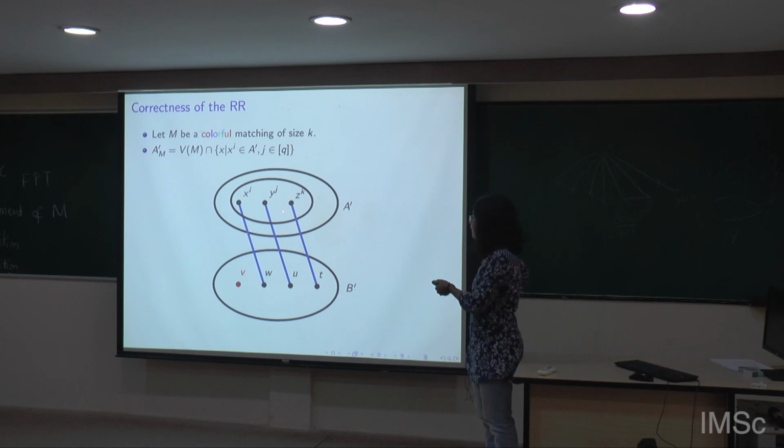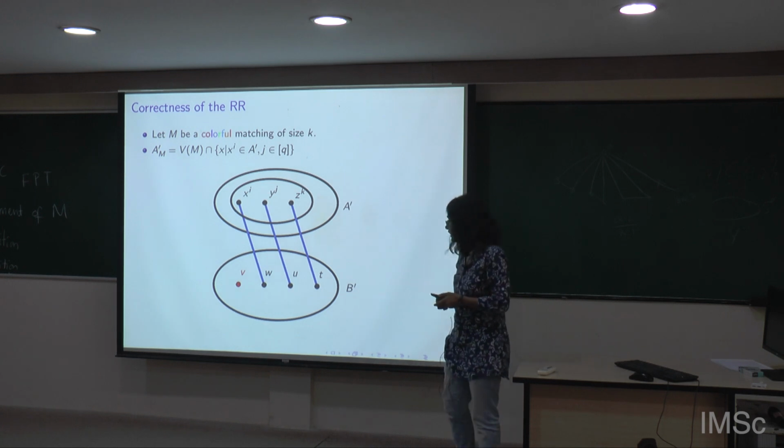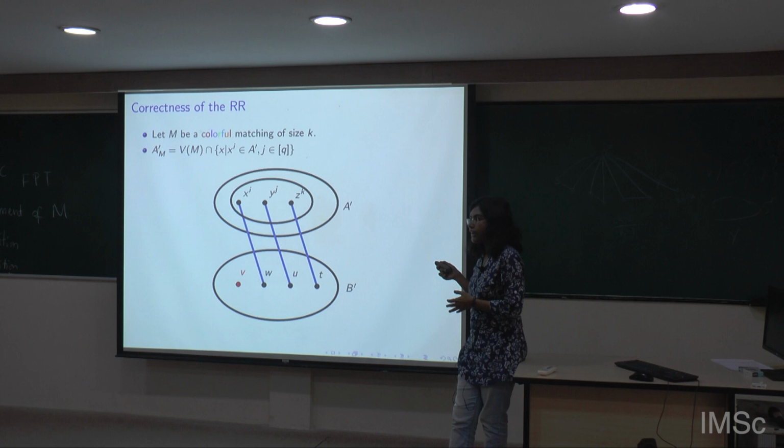Now, which direction are we proving? If the reduced graph, meaning the graph where I have deleted the vertex v, has a colorful matching, then the original graph definitely has a colorful matching, because the reduced graph is a subgraph. Now we look at the other direction: if the original graph has a colorful matching, I want to prove that the reduced graph also has a colorful matching.